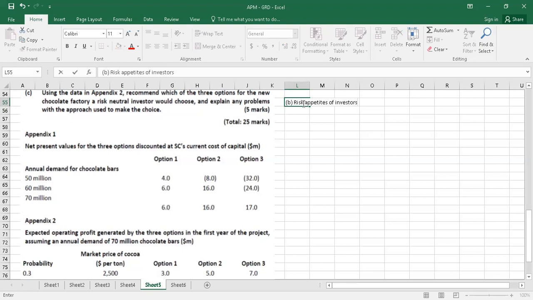Now here we see that the new set of investors or shareholders have a high appetite for taking up risk. So what is the strategy they would be adopting?